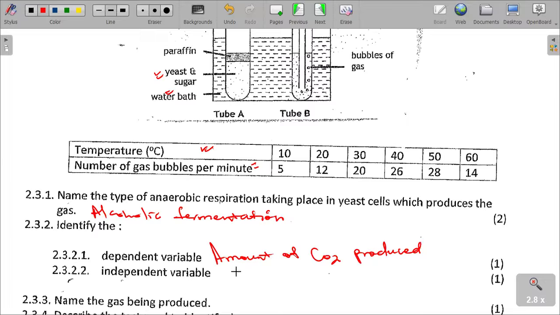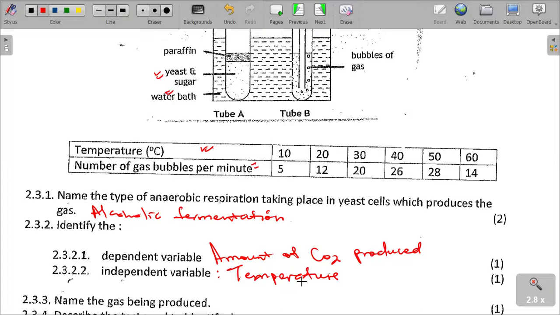The independent variable is the temperature. So the amount of carbon dioxide produced depends on the temperature available.